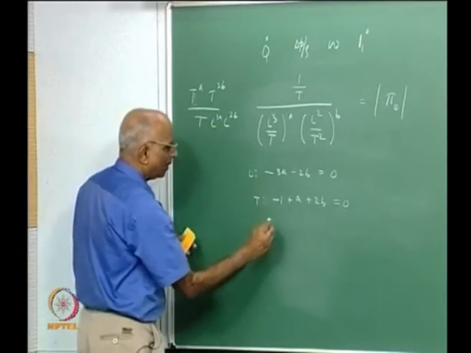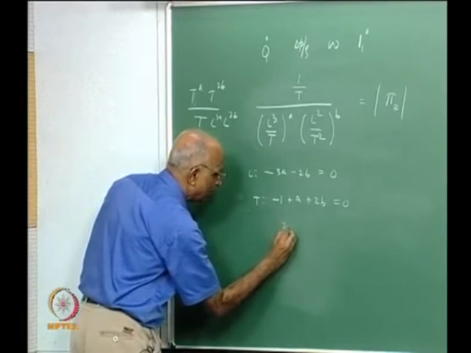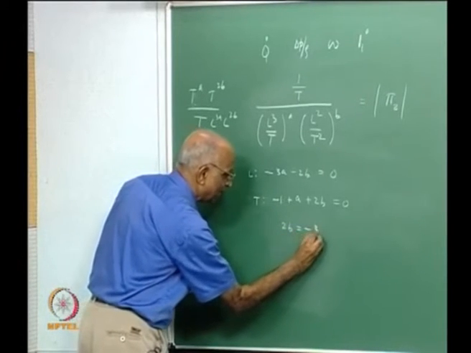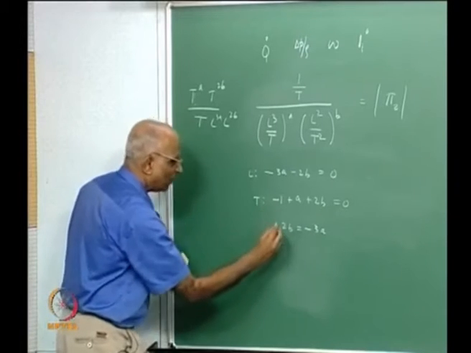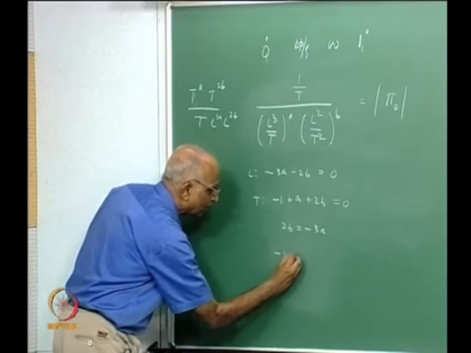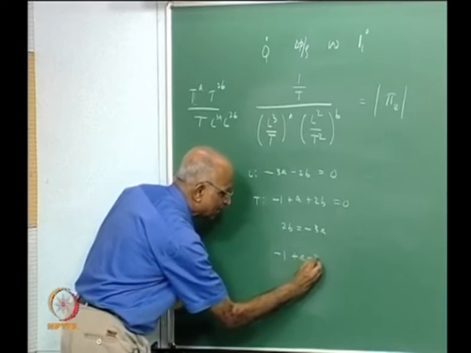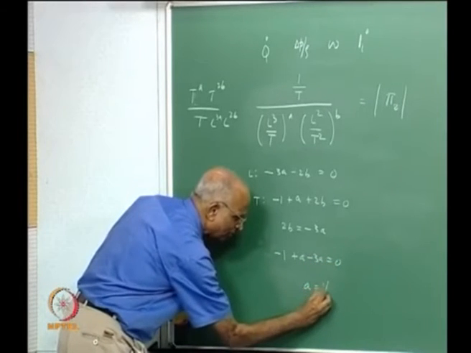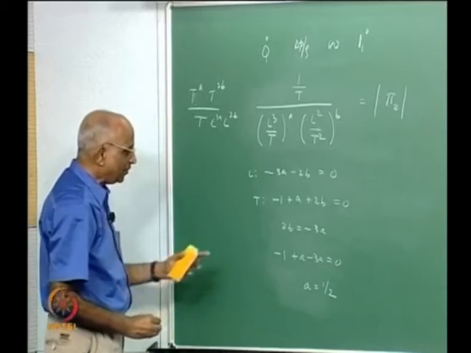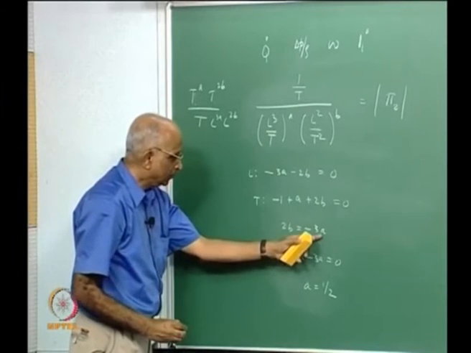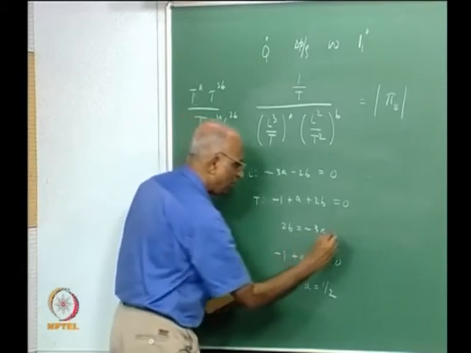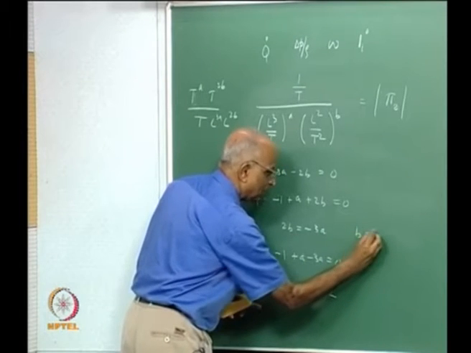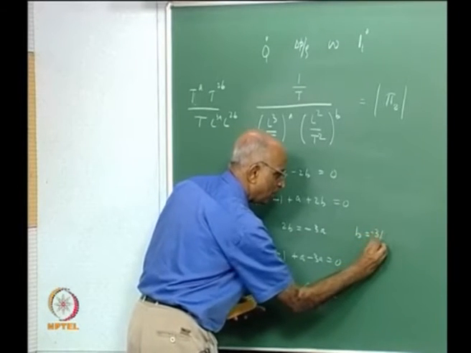Let us do it. Therefore, I get 2b is equal to minus 3a, and therefore I get minus 1 plus a minus 3a is equal to 0.